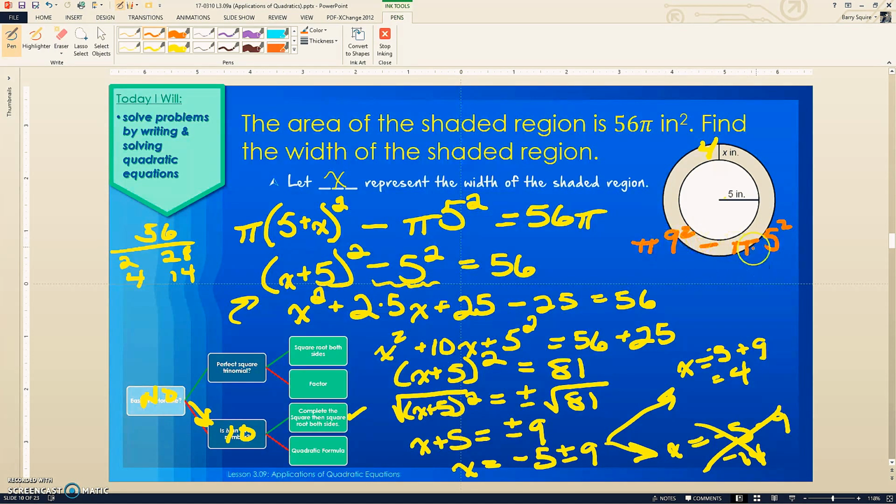And we're going to hope that equals 56 pi. So let's see. 9 squared is 81, so that's 81 pi minus 25 pi. 81 minus 25 is 56. So it works out. That shaded area has a width of 4 inches.